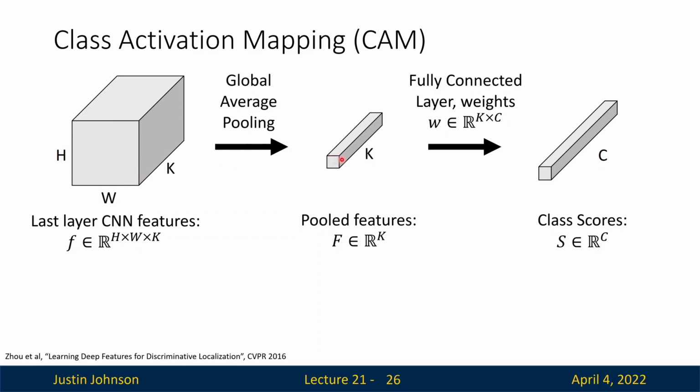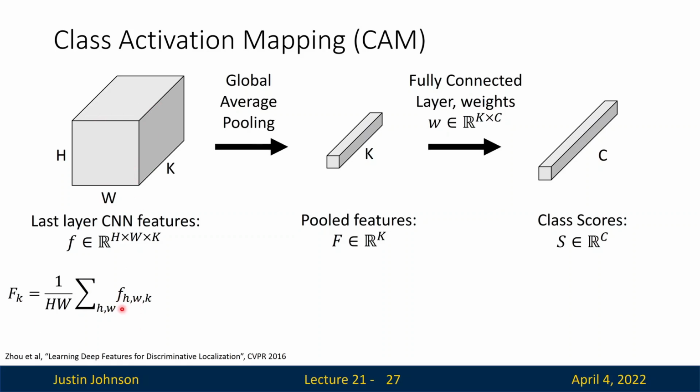Then there is a fully connected layer, and there is no activation function. You just take a weighted sum of each of those values to become your final class score. So the mathematical expression for class activation mapping is just to compute the mean. Suppose this is a three-dimensional column.